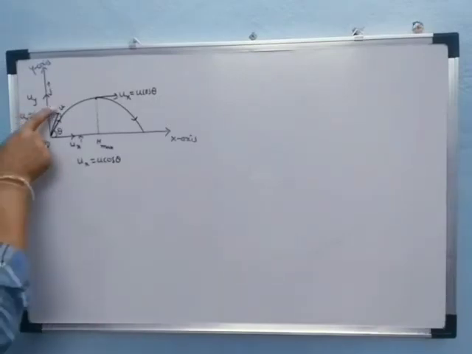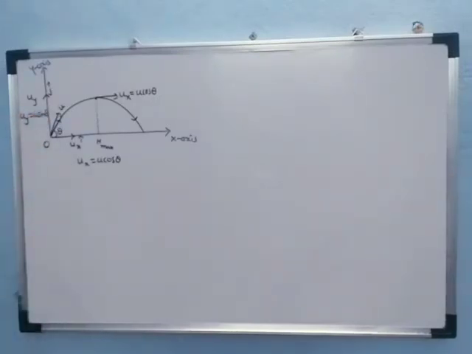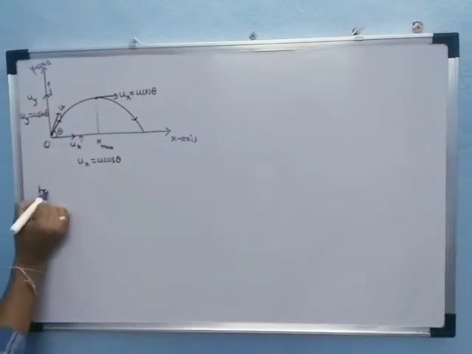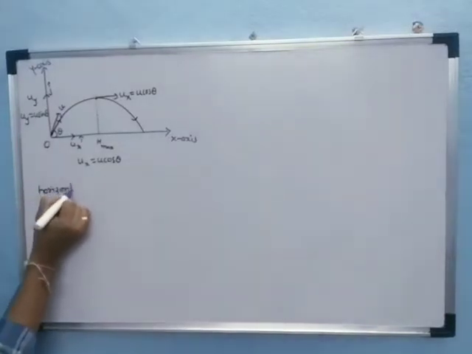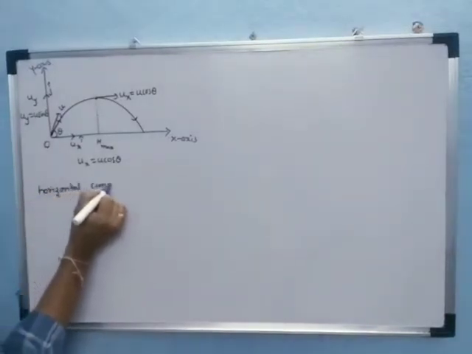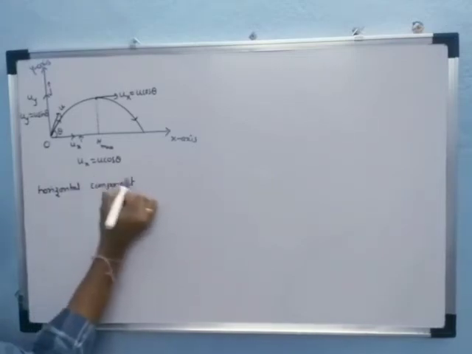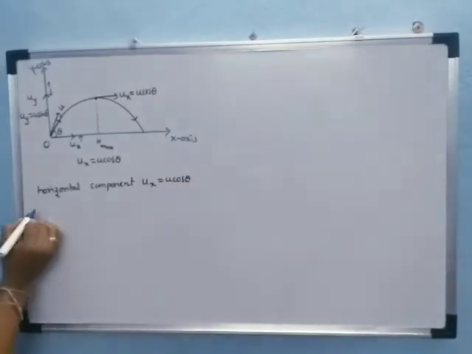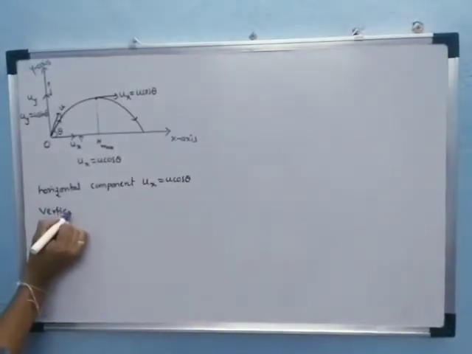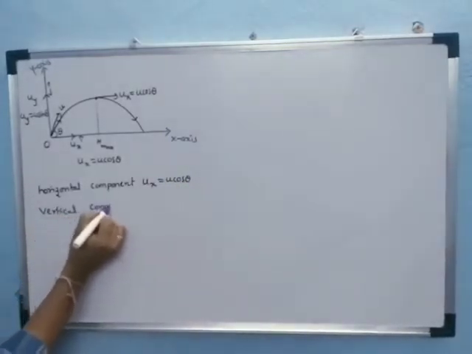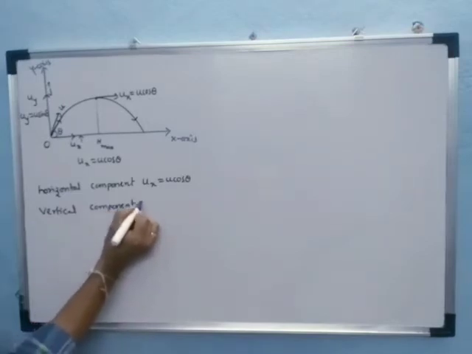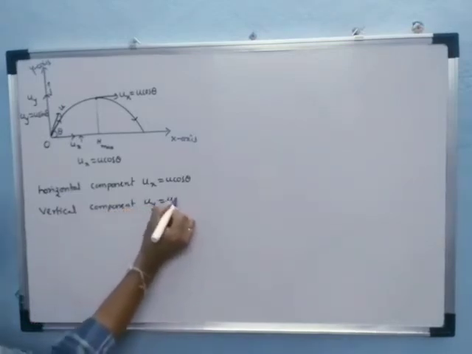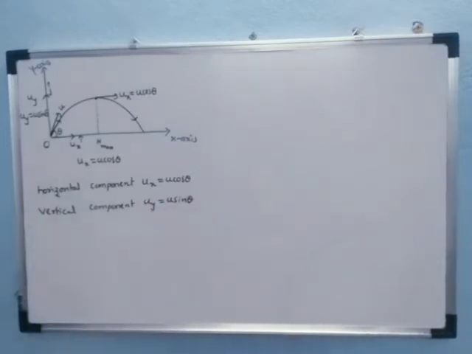Here this velocity can be resolved into two components. Along the horizontal component, ux is equal to u cos theta. The vertical component uy is equal to u sin theta.